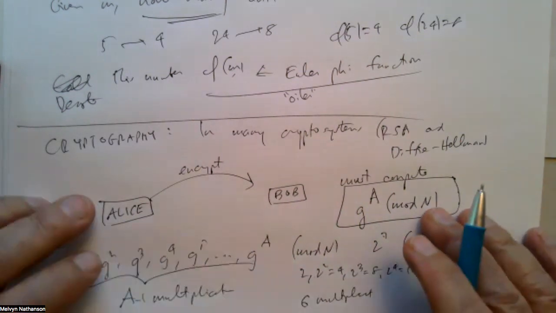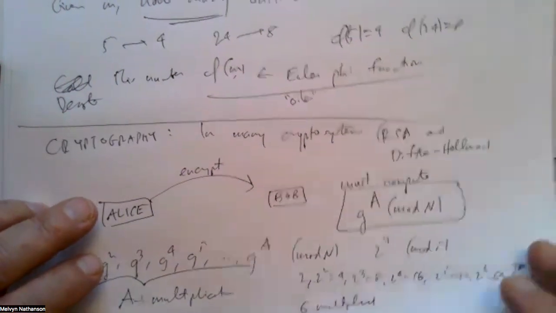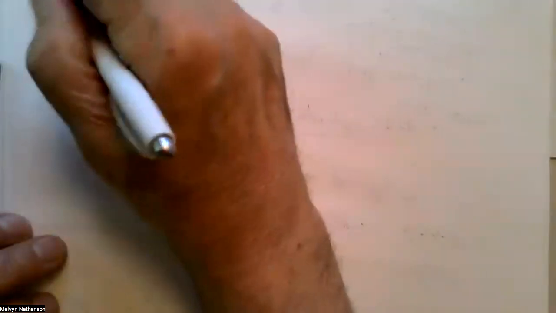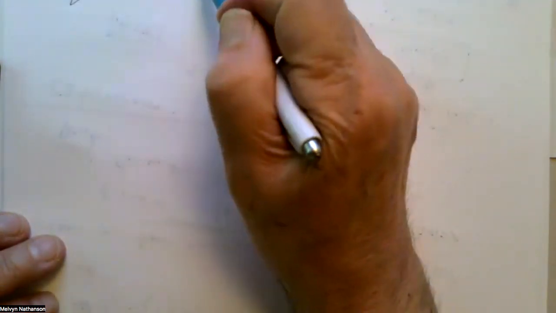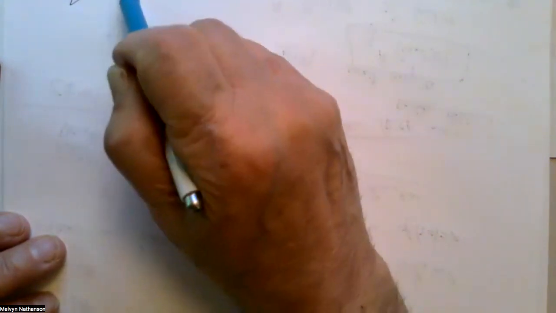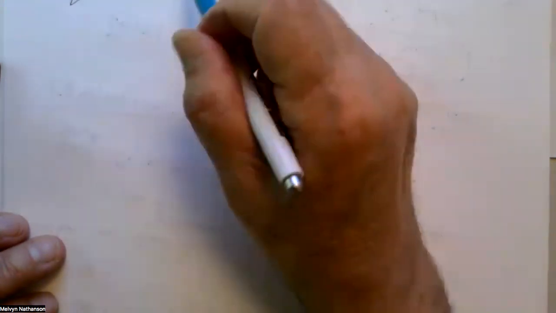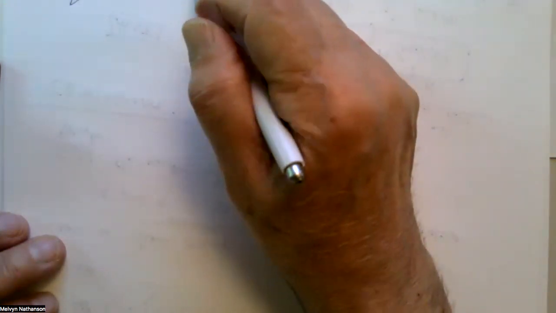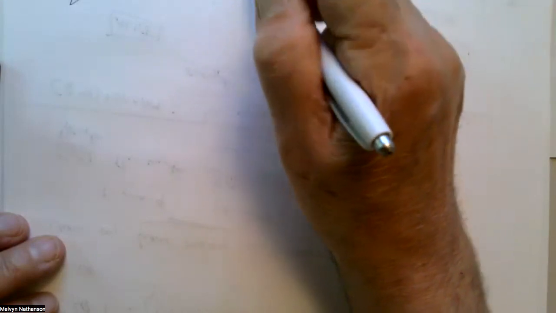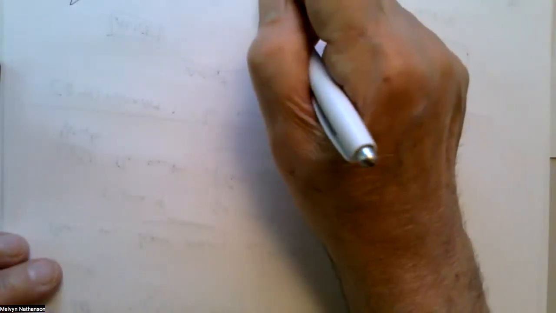Well, 6 isn't bad, but suppose we had to calculate 2 to the power, what is this number? 97,831,028,174. And I want to calculate that, I don't know, modulo 29.